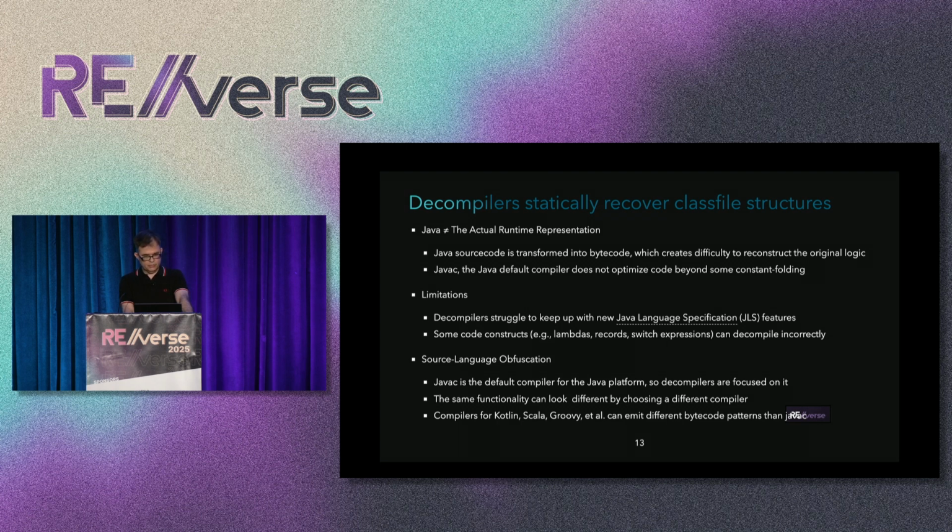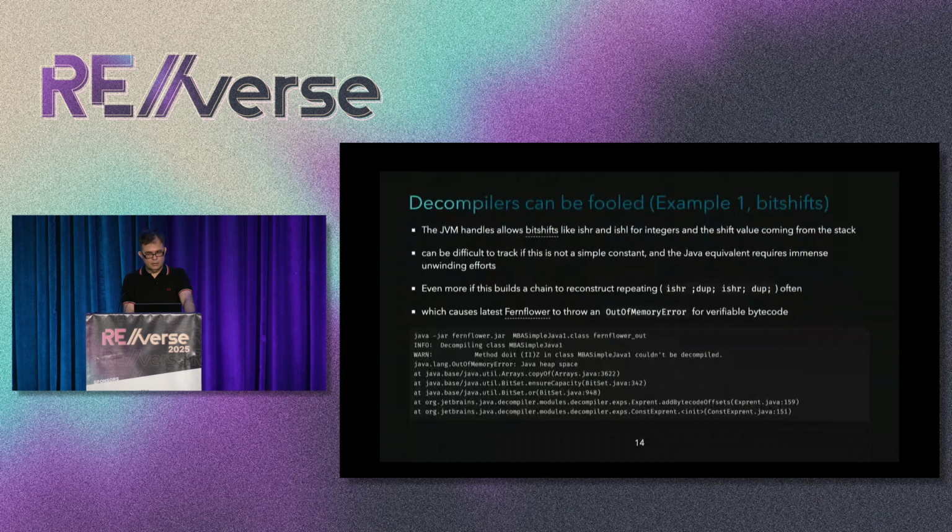There is source language obfuscation. Javac is the default compiler, so the decompilers are focused on it, but as it's bytecode and bytecode is executed, classes can come from different sources. Whoever supplied the class file may have chosen something different, handmade, or Kotlin, or Scala, or Groovy, whatever you choose can emit different bytecode patterns than javac, and your decompiler may fail in this case.